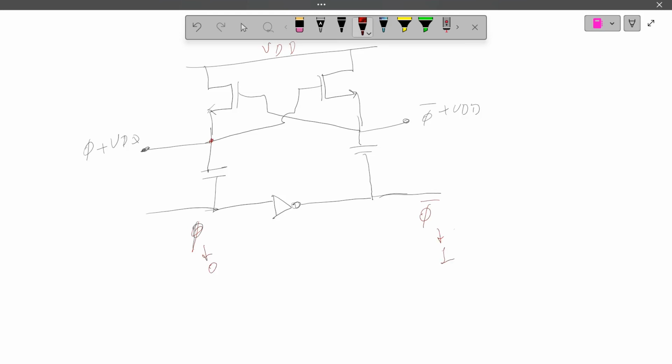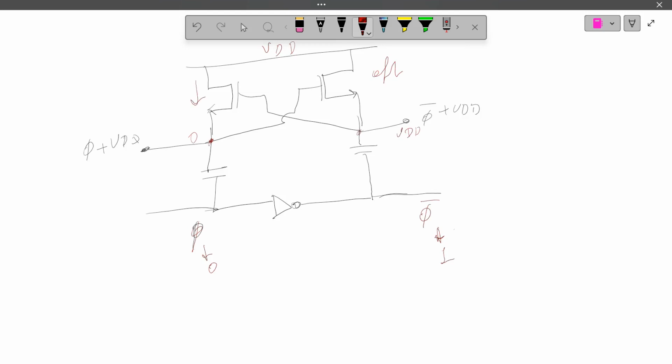If phi is 0, this is 0. So this will turn off. If this one is 1, phi R, this will be 1. 1 means VDD. This will be VDD. Okay. It will turn on.